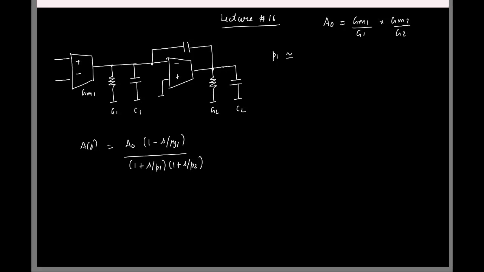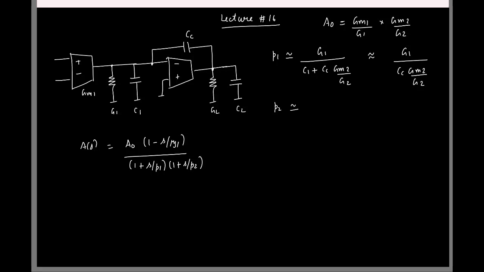G1 by C1 plus, let's say this is CC, CC into GM2 by G2. And we also saw, in most cases you can further approximate as G1 by CC, since CC is the dominant cap.